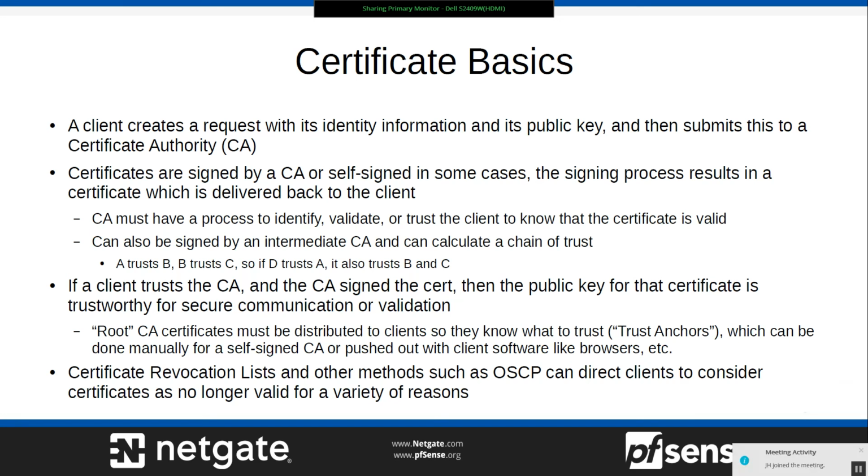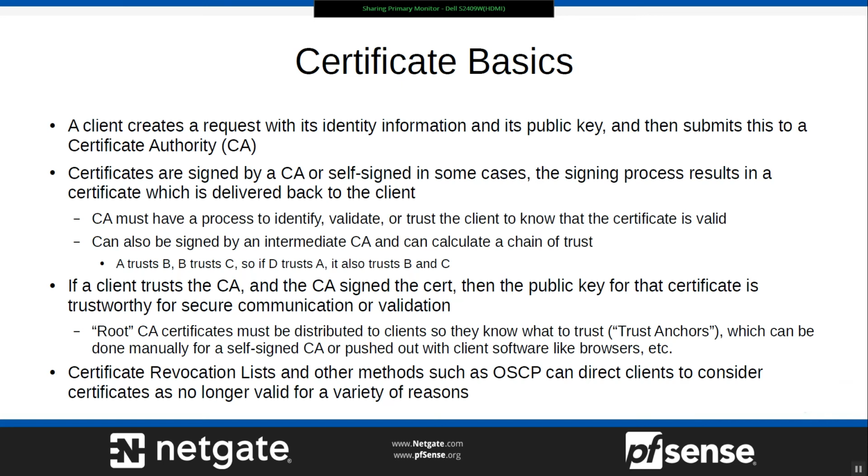That request gets signed by a certificate authority in most cases. Sometimes you use a self-signed certificate, like our default GUI cert is self-signed. But that signing process results in a certificate which is delivered back to the client. Typically, you'll have a CA that's got a process to validate that you are who you say you are, or to trust that the certificate is valid.